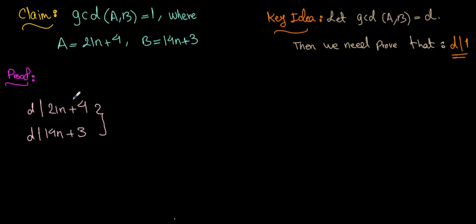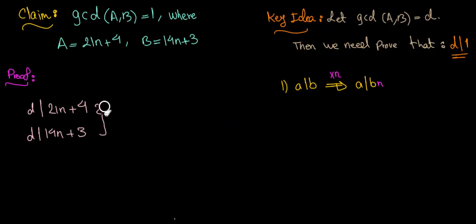How can we do it? Let me remind you of a rule on the left-hand side. I will pause the video because I want to save your time. Right now we need to use this rule: if a divides b, we can multiply the right-hand side by an integer number like n.